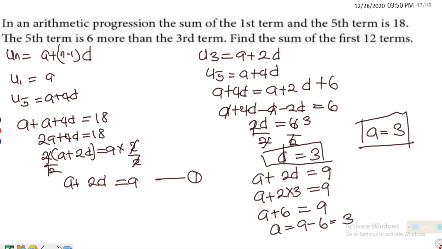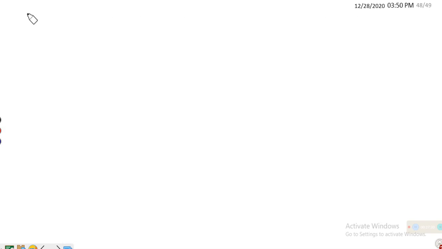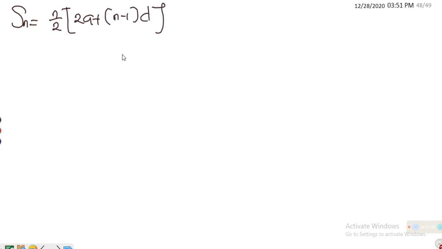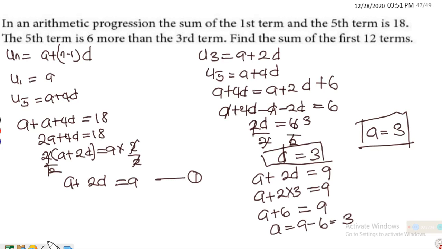So we can now use the formula to find the sum of the first 12 terms. So we have Sn equals n over 2 times (2a plus (n minus 1) d). So n is 12, a equals that, d equals this from the formula.